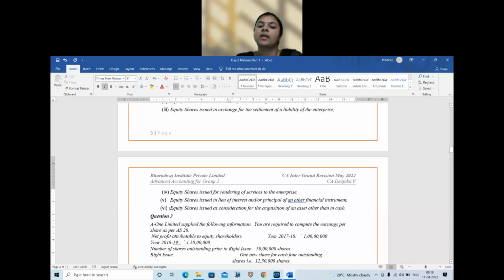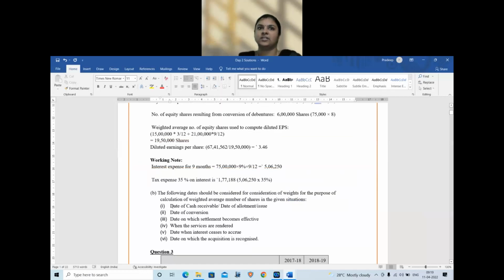Next, equity shares issued as consideration for acquisition of an asset other than in cash. Date of purchase, purchase agreement, or date of acquisition. So here all the points come to only one rule. The date on which the shares become available or outstanding should be the date from which the weighted average is considered.